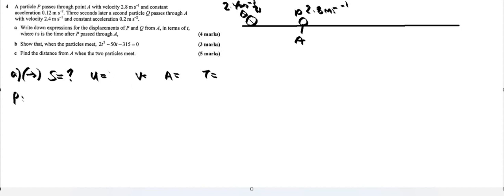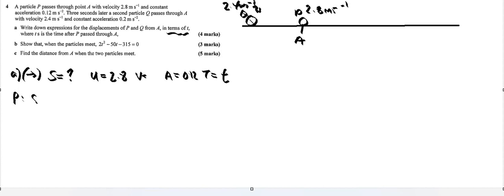Okay, we do know the initial velocity, that was 2.8. We don't know the final velocity, we do know the acceleration, that's 0.12. Okay, and then it says in terms of t, so this is just going to be t. So what equation do you use?